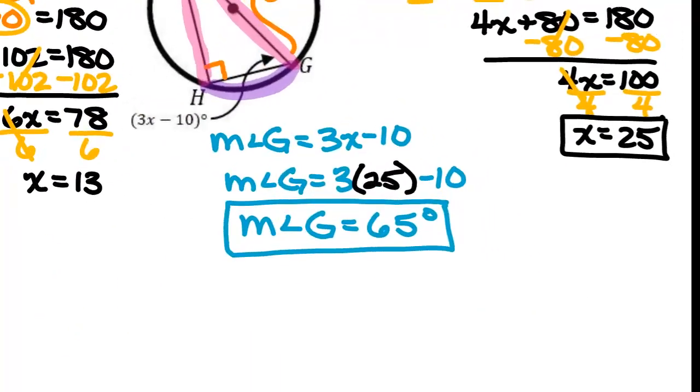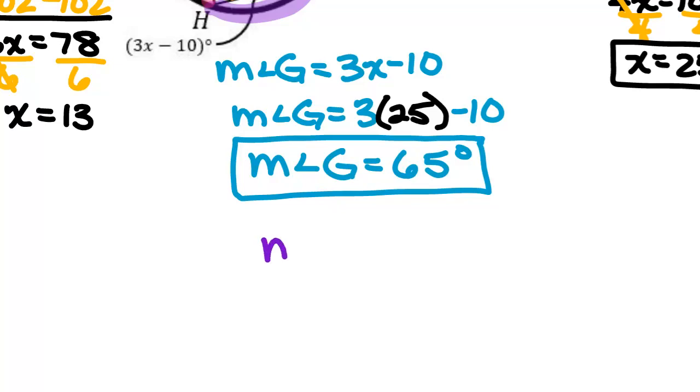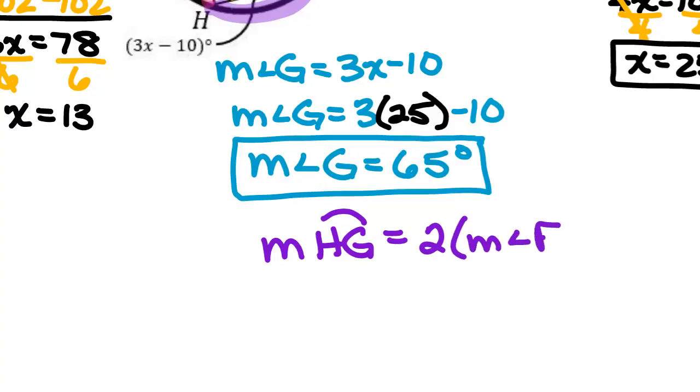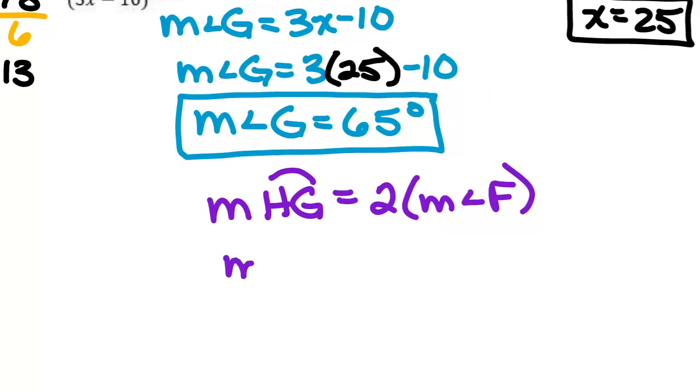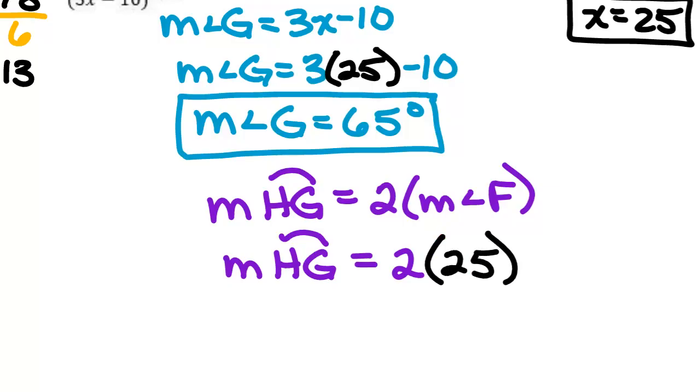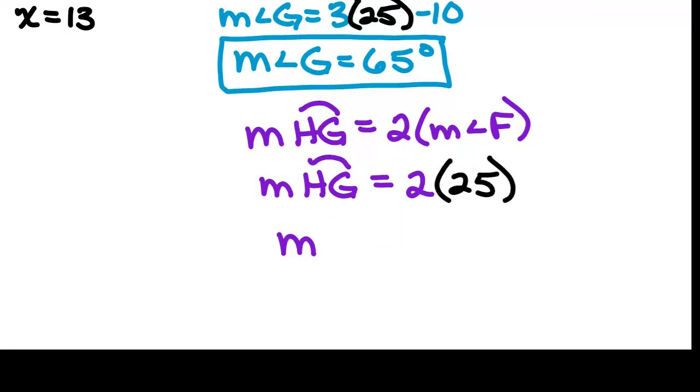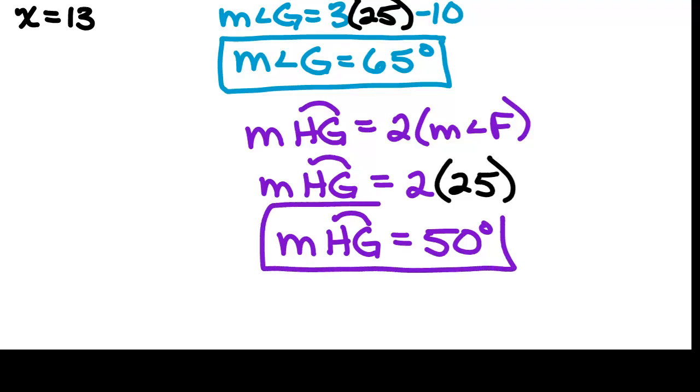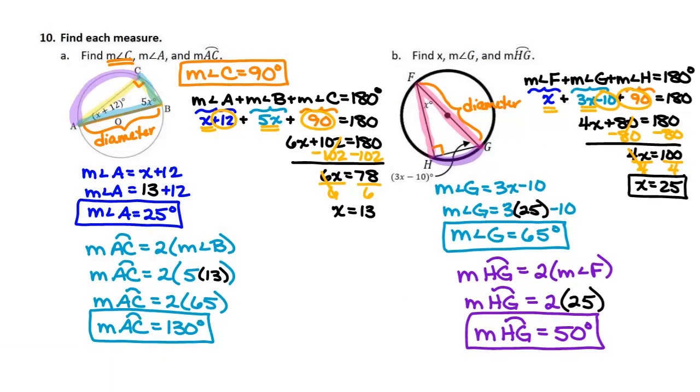So arc HG, the measurement of arc HG is equal to 2 times the measurement of angle F. How big is angle F? 25. So I have 2 times 25. What is 2 times 25? 50. So arc HG is 50 degrees. All right, we have one last problem to finish up, and we got to go really fast to get through it.